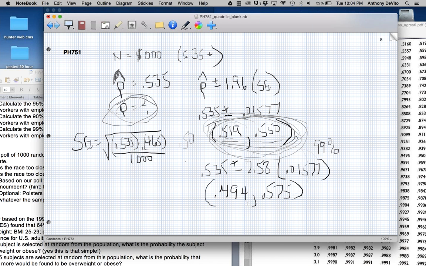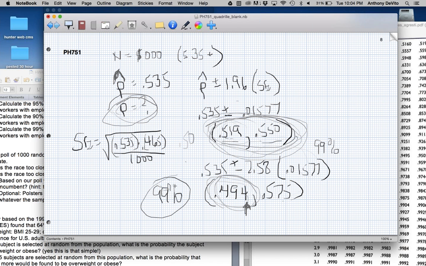Well, now, are we still certain that he's going to get more than 50% of the vote? Well, no, it doesn't look like it. It's possible that he'll be outside of our 99% confidence interval.